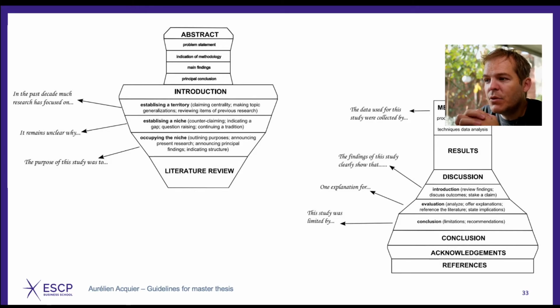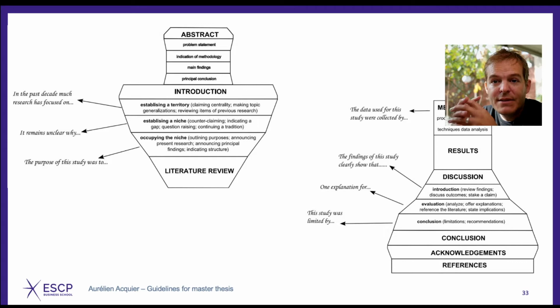Then you move to the methodology, which is the how. So you move from the what question to the how. Methodology is about how you collect data. Is it quantitative or qualitative? How did you do it, which type of interviews did you do, how did you approach the people, how did you define the sample, and how did you analyze the data?